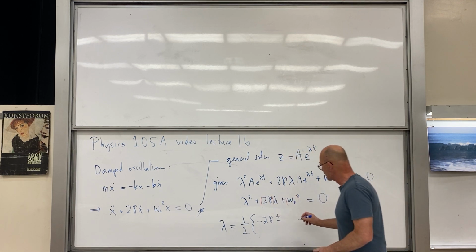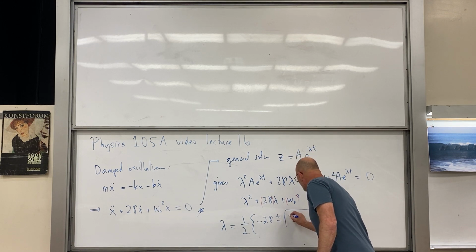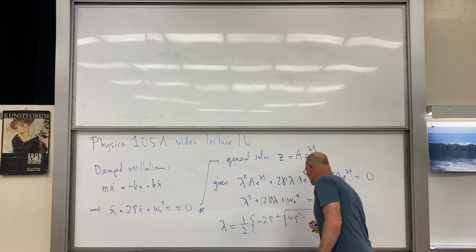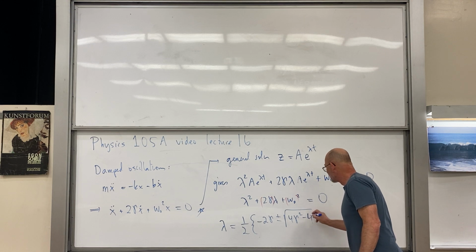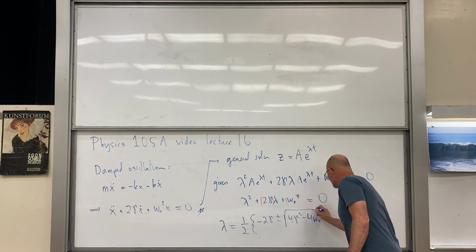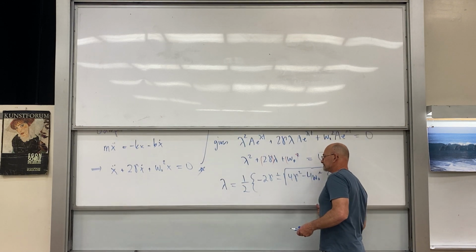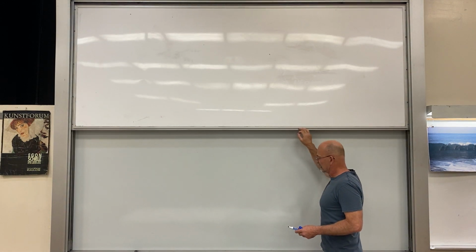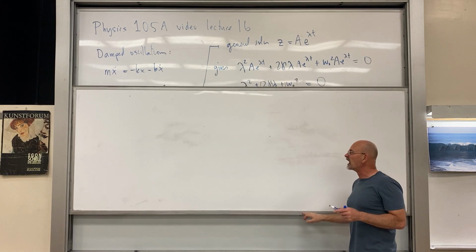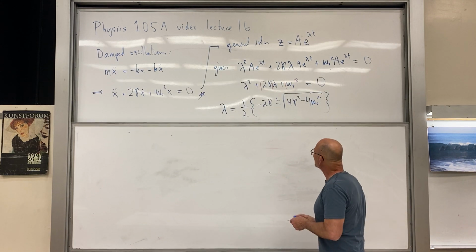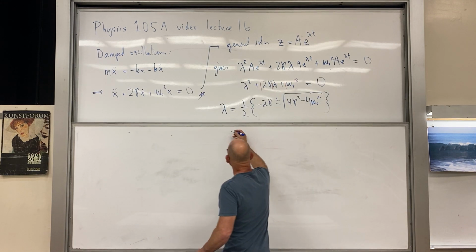So negative 2 gamma plus or minus the square root of 4 gamma squared minus 4 omega naught squared. And we're just going to look at the underdamped case this time.